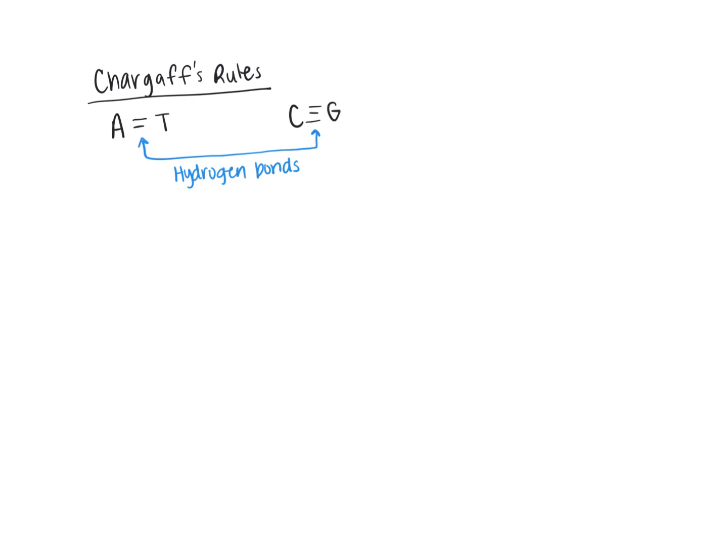So once again, for double-stranded nucleotides or double-stranded nucleic acids, it's the hydrogen bonds that keep the strands together. So we can use Chargaff's rules to determine whether or not an organism has double-stranded DNA, or in the case of viruses, this could be single-stranded DNA, or it could be single or double-stranded RNA.